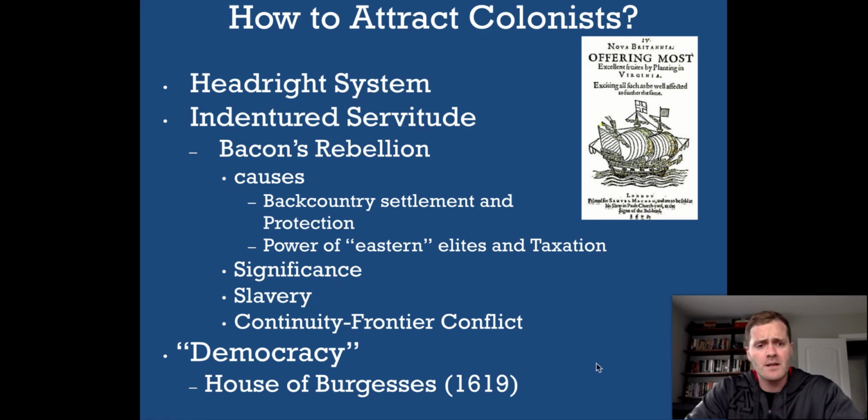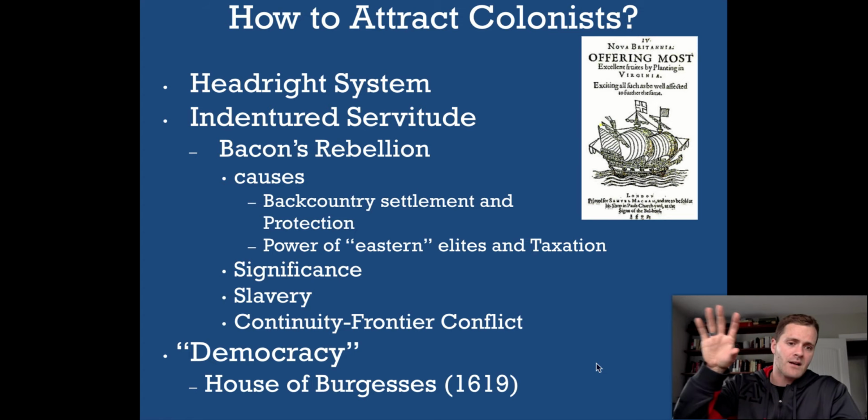Now, Bacon's Rebellion is a very significant watershed or turning point moment in American society, as it is a multiracial, multi-gender rebellion that is less about race and more about class.